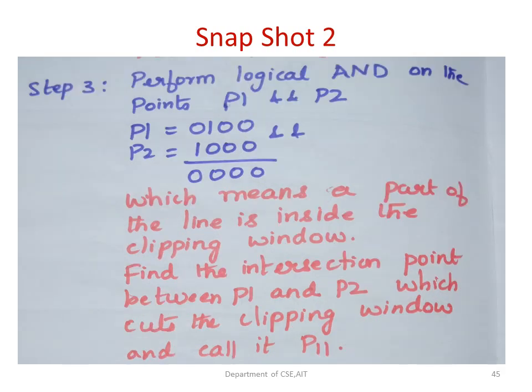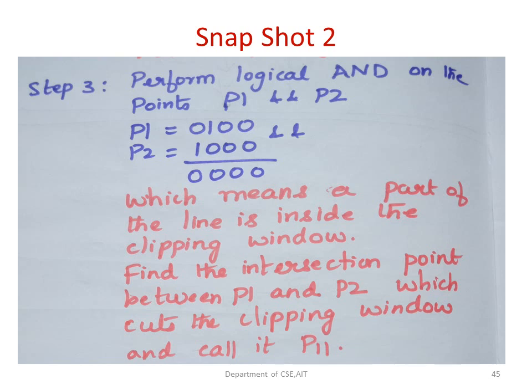So we perform a logical AND operation on the points. When you perform the logical operation on these points, you get all zeros. All 4 bits are zeros, which implies that some part of the line is partially inside the clipping window. So we have to find the intersection point, clip the line, and accept the line which is inside the clipping window.